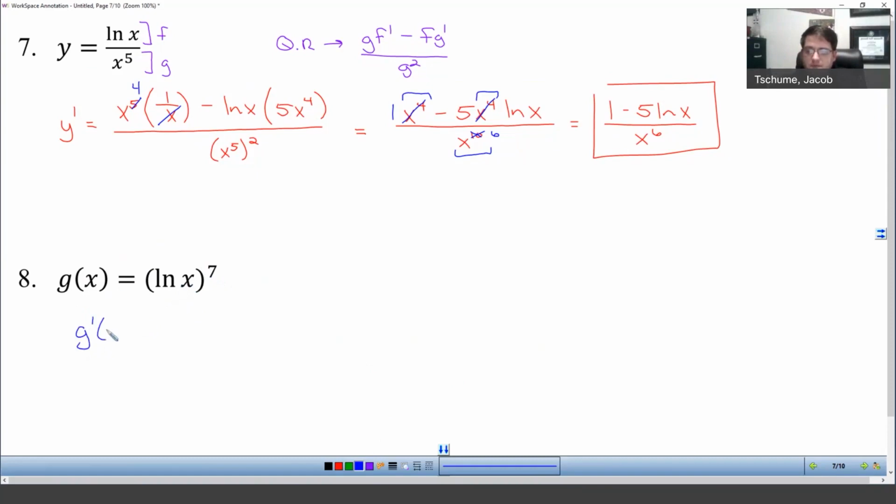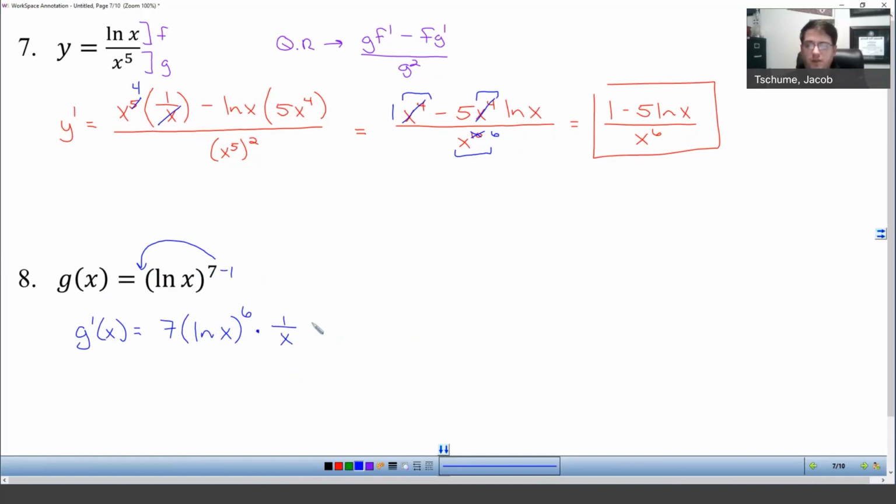So g prime of x. Chain rule says you bring your power to the front, which is 7. You leave the inside alone, which is the natural log of x. You subtract 1 from your power, which makes this a 6th power. And then you multiply this by the derivative of the inside, which is 1 over x.